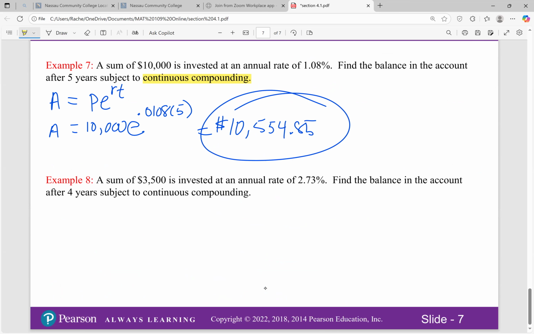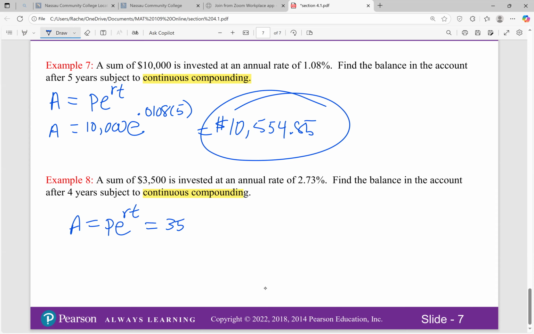And then let's do one last example. So we're going to invest $3,500 at an annual rate of 2.73%. What's the balance in the account after 4 years? Again, if we compound continuously. So we're going to use A equals P times e to the r times t.